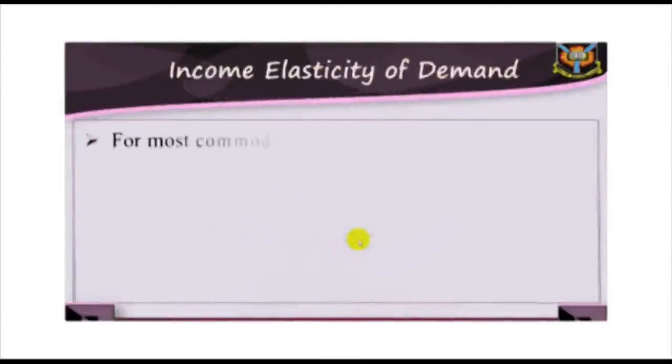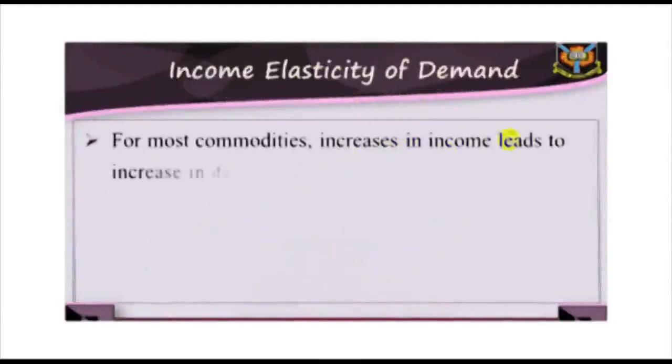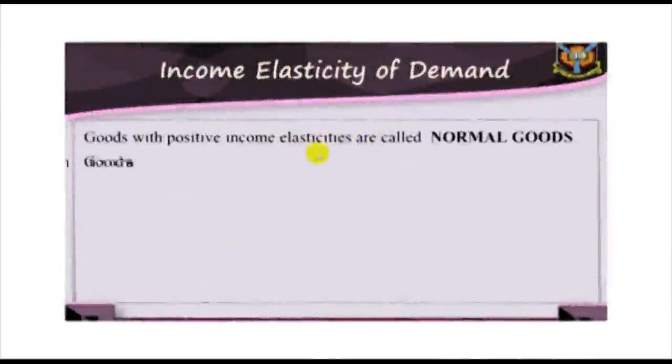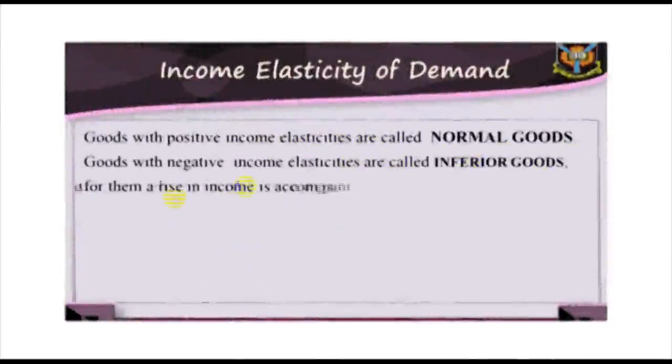Goods with negative income elasticities are called inferior goods. For them, a rise in income is accompanied by a fall in quantity demanded. Normal goods are much more common than inferior goods. The boundary between normal and inferior goods occurs when a rise in income level leaves quantity demanded unchanged, so that income elasticity is zero.